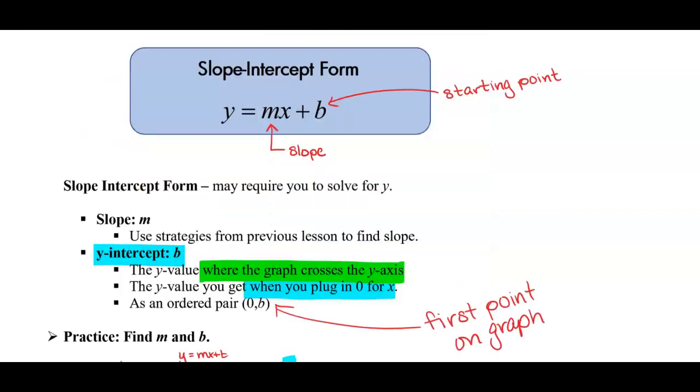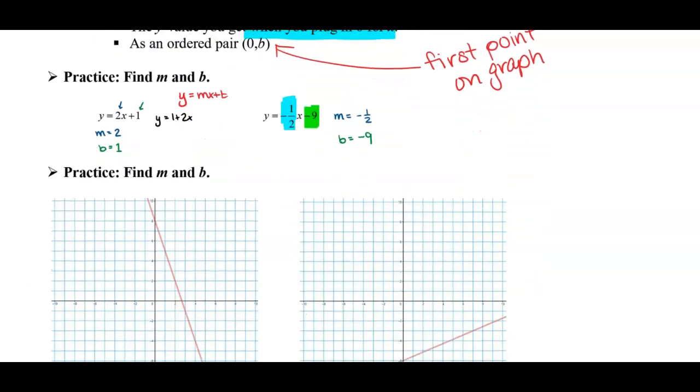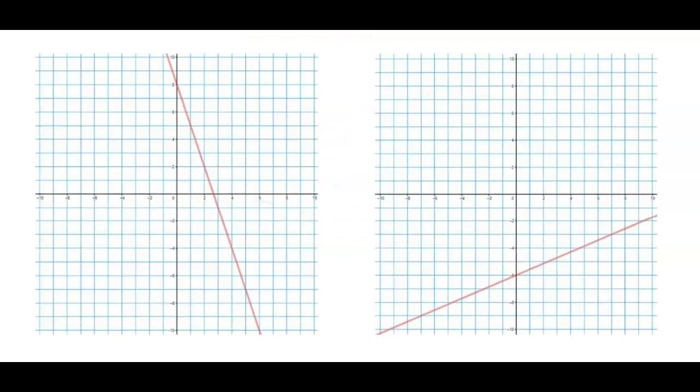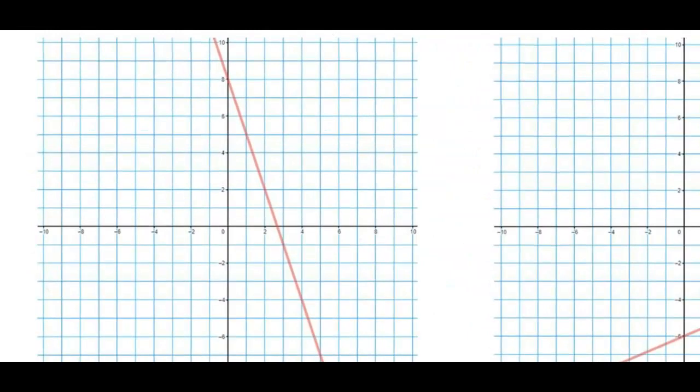So let's practice that. Here we have a couple of graphs, and the instructions say to find m and b. The first thing I want to identify is where the graph crosses the y-axis, and that will be our b number. Let's zoom in a little bit and look at this one closely.